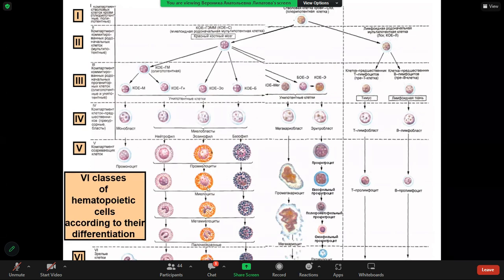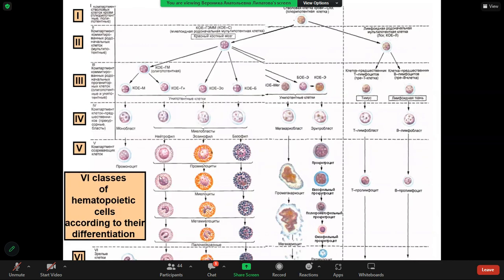After this, myelocyte, you see increasing of specific granules in cytoplasm, but the nuclei stay or are still round in shape.